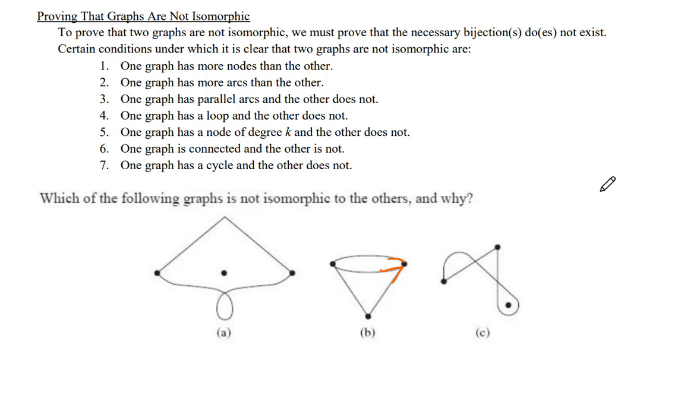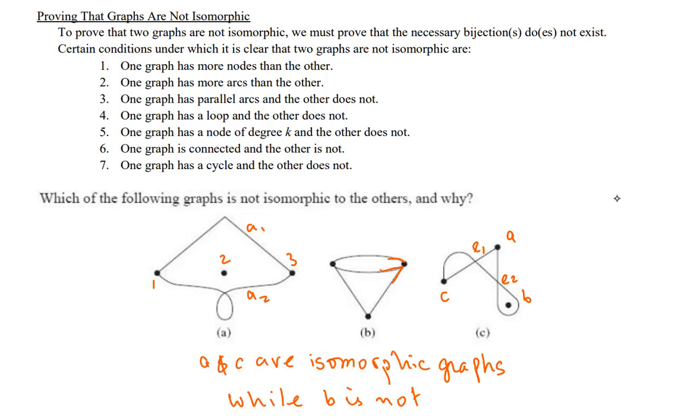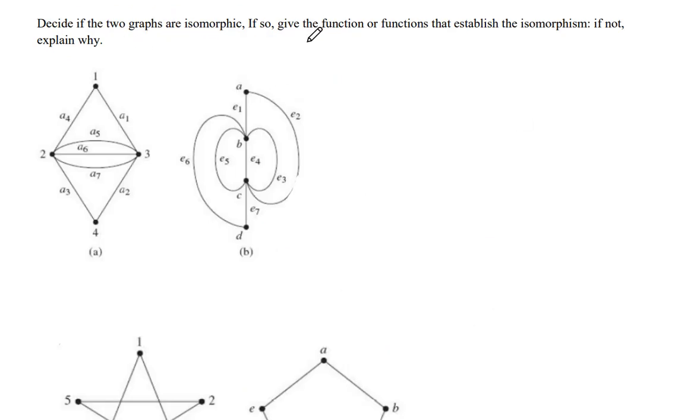If I name the nodes 1, 2, 3 and name these A, B, C, and this arc A1 and A2, this is easy, you could find E1 and E2 and write down the map as I did before, and you'll see these are isomorphic. So here I would say A and C are isomorphic while B is not.